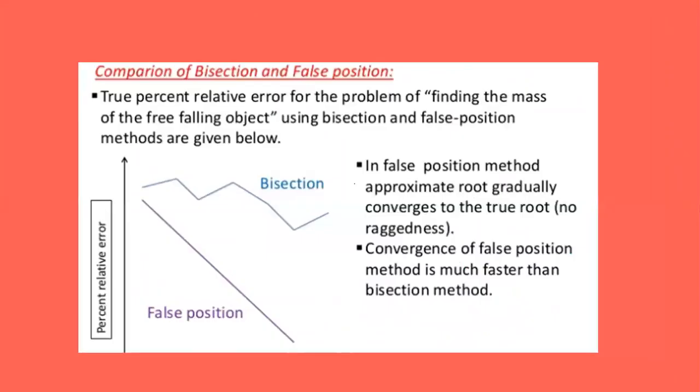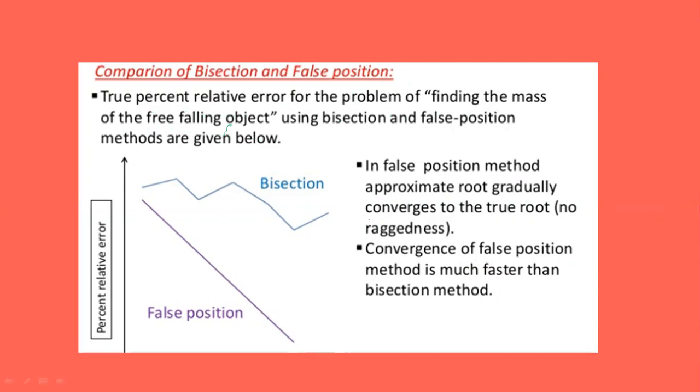Next, comparison of bisection method and false position method. So why you are comparing both the methods means, in bisection method also you are taking the interval with opposite signs. In the false position method also you are taking two values with different signs. So the true percent relative error for the problem of finding the mass of the free falling object using bisection and false position methods are given below.